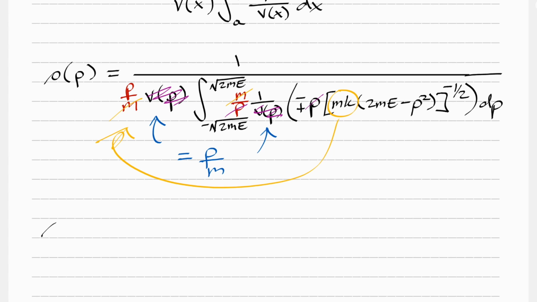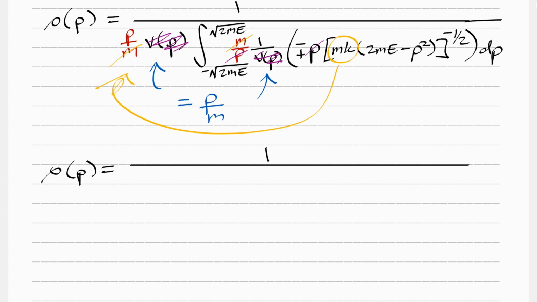Take some time to convince yourself if you're not convinced already, but writing this out, rho of p is equal to 1 over p over root mk, and then we have the same integral from minus square root 2me to square root 2me, and then this is dp. I usually do my dp first, or whatever I'm integrating with respect to.